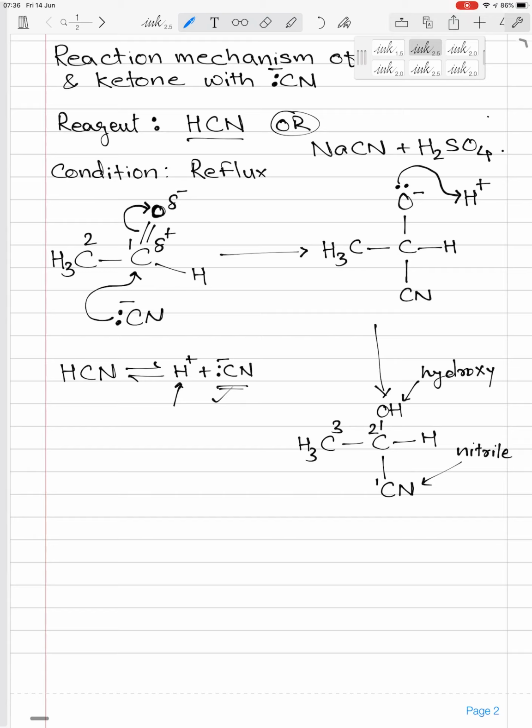So this is very important: when we carry out the reaction of aldehyde or ketone with cyanide, it increases the carbon chain by 1, and that is one of the most crucial things when you design a drug. Now if I name the compound, it's a 2-hydroxy, 3 carbons, therefore it's a propane, and nitrile is the functional group.